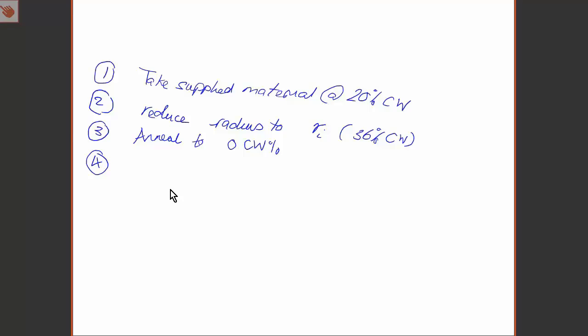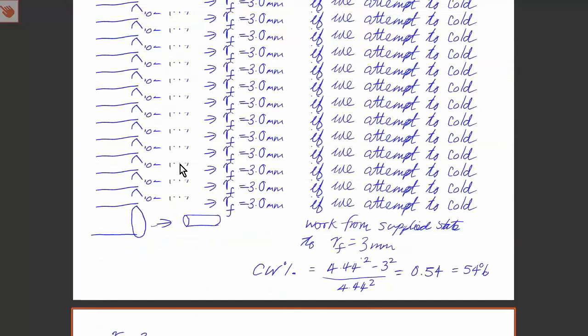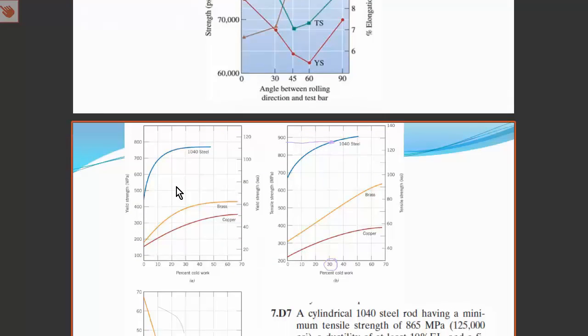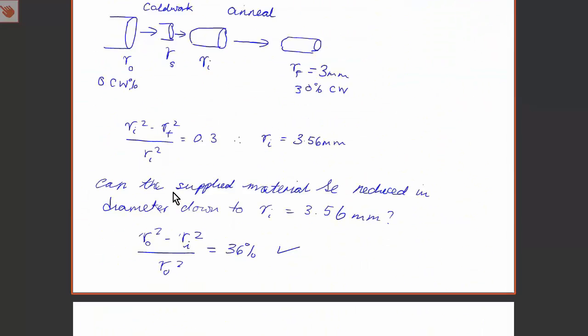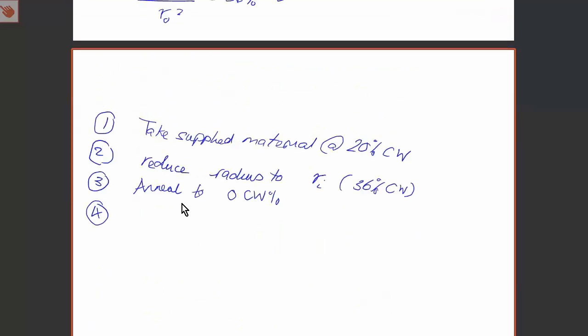I'm just checking these graphs here. Okay. Sorry about that. I just realized I used the wrong symbol here. 0% cold work. There we go.